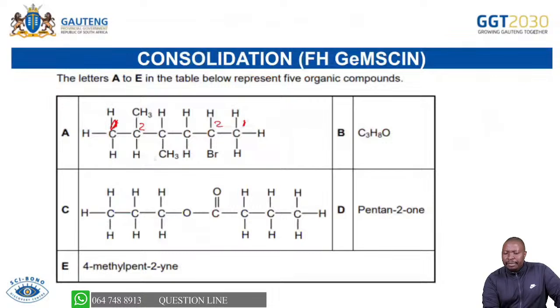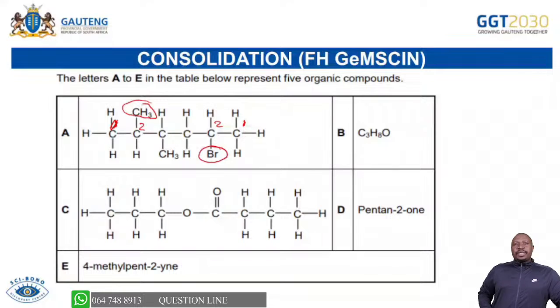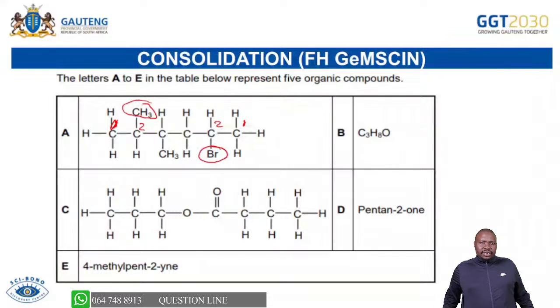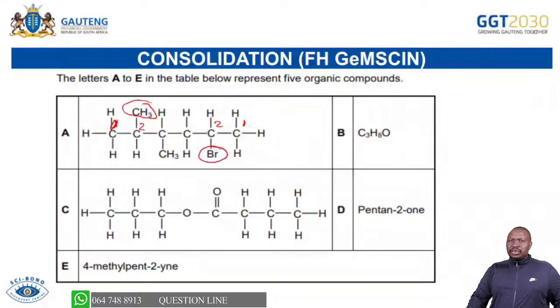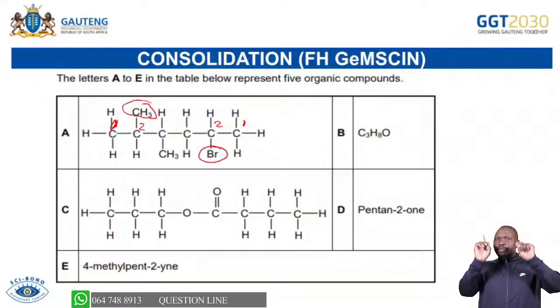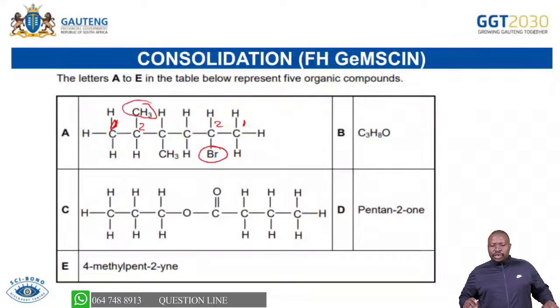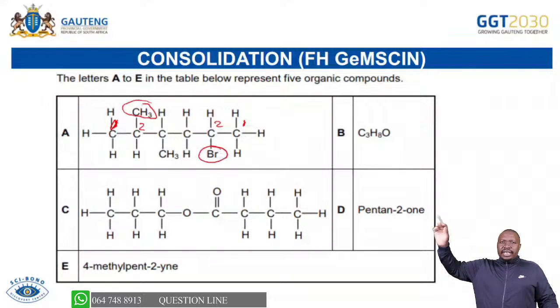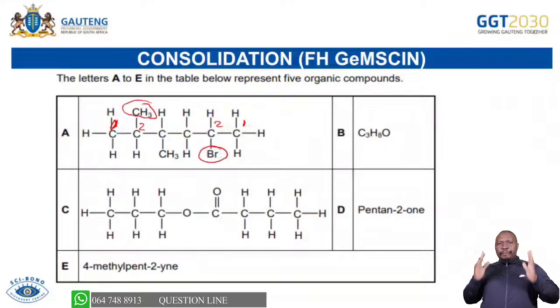But if we check, in carbon number 2 from the left we have a methyl. In carbon number 2 from the right, we have a halogen. So which one will win this competition? All of them are competing to be carbon number 2. What we do, we go to carbon number 3, because remember what I said, bromo and methyl are all called substituents and they have the same preference.